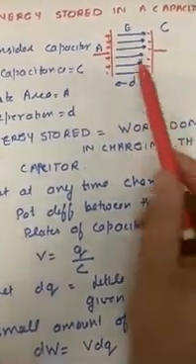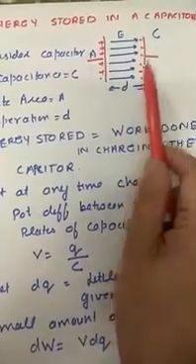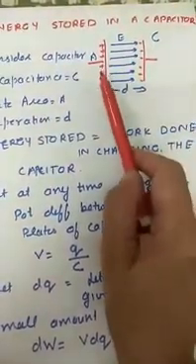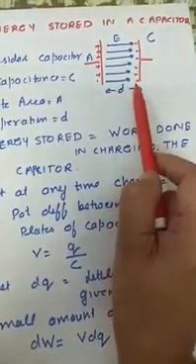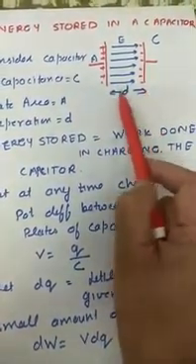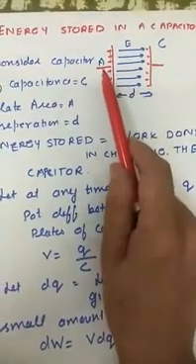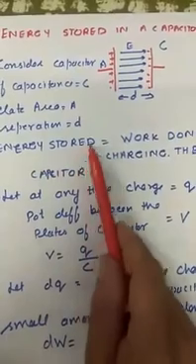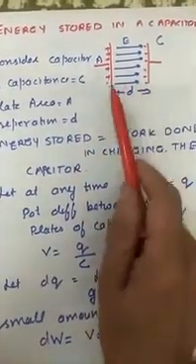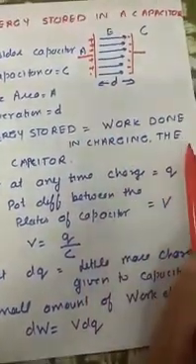Similarly, let us consider the capacitor C, where the charge on this plate is positive and the charge on this plate is negative, the spacing between the plates is D and A is the area. What is the energy stored? That is equivalent to the work done in charging the capacitor.